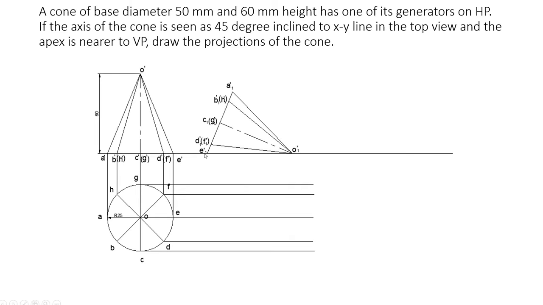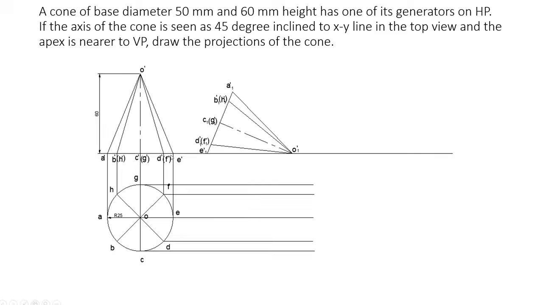Now draw that line. Now measure this angle of the slant line O dash E dash, and mark that angle here like this. Now the length of the base diameter is 50 mm. So from here, at that particular angle, draw that dimension here and connect it, and draw the triangle.